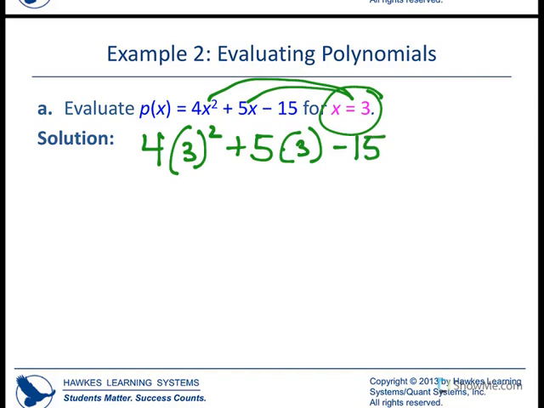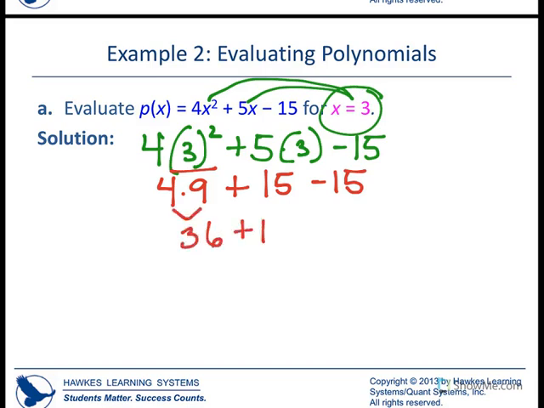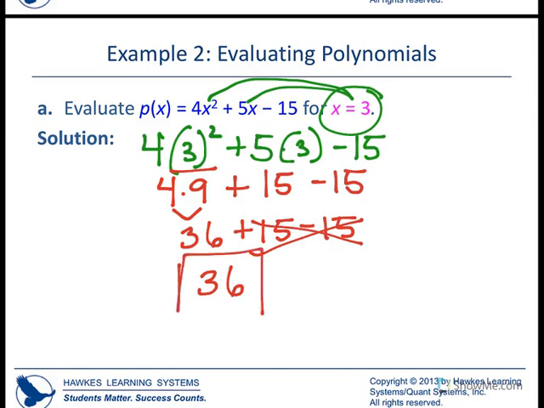Okay, we're going to do the exponent first. So it's going to be 4 times 9. And then we're going to do 5 times 3, which is 15. And we have the minus 15. This becomes 36. Then you have plus 15, minus 15. Those 15s cancel out, and it just equals 36. Then you only have one term, so you don't have to classify it.